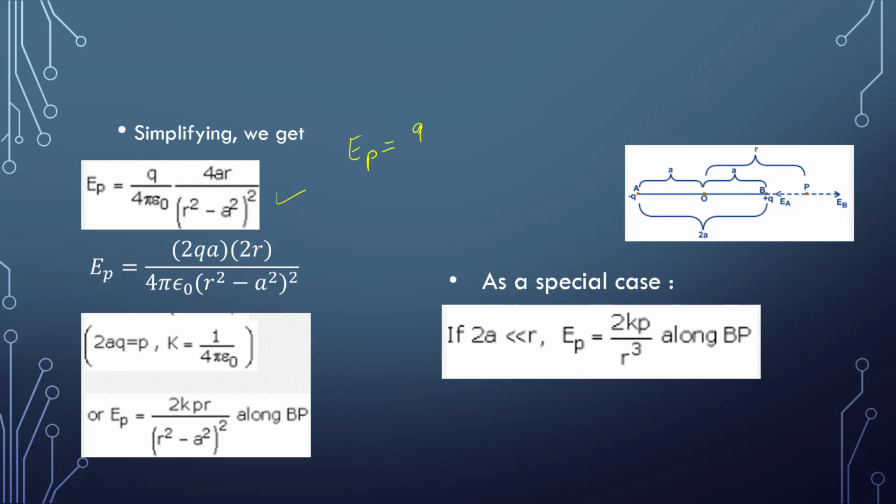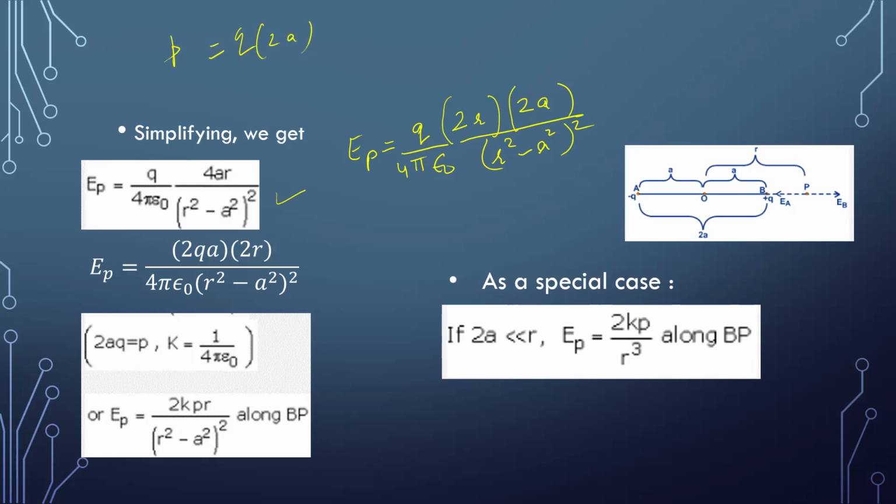Now, EP can also be written as Q upon 4 pi epsilon naught, with 4AR written as 2R into 2A, upon (R square minus A square) the whole square.